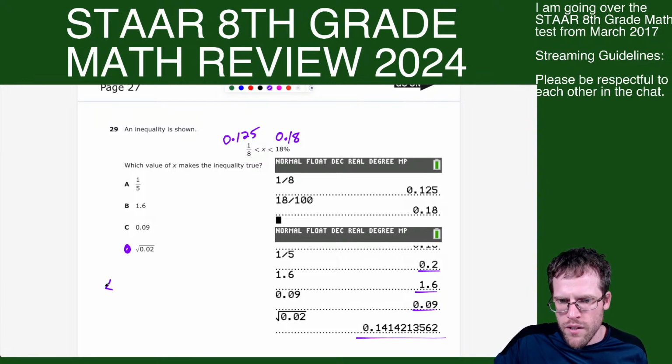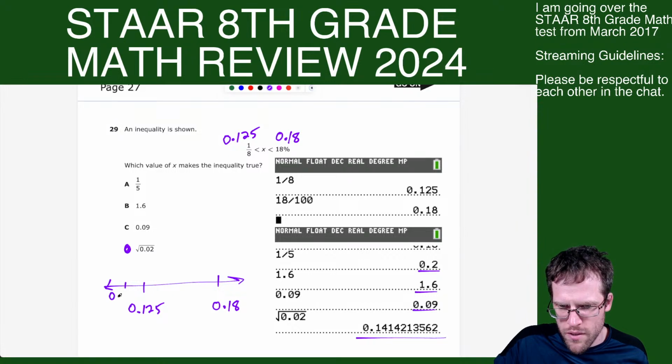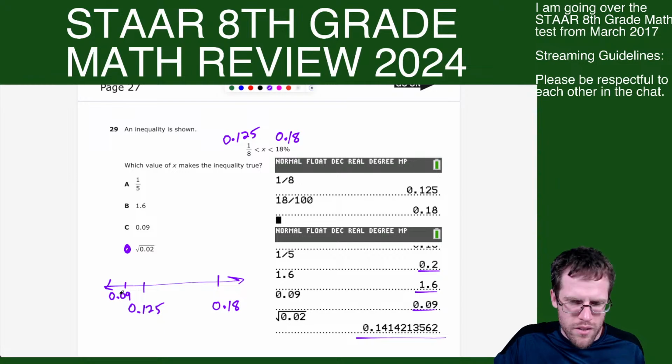If we draw out a number line here, 0.125 and 0.18, you can see that 0.09 is to the left, because the 0 is less than the 1 here in the tenths place. So that's why it's outside this range. It's got to be this one.